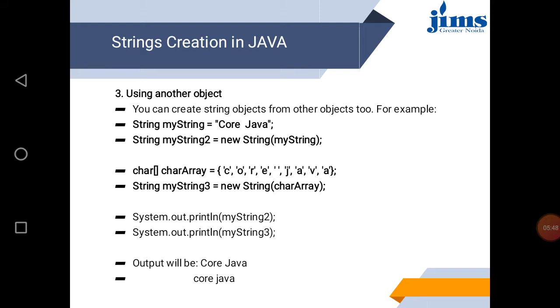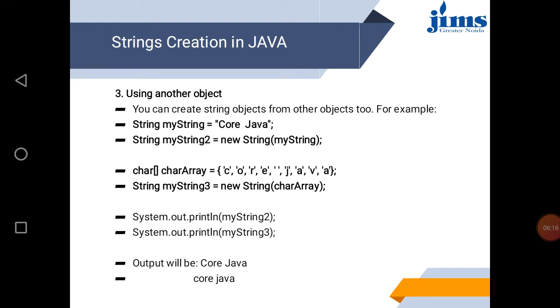Now you are creating another reference variable, say myString2, using the new keyword, and you are passing the reference variable of the previous object. What is myString here? myString is the reference variable of the object Core Java. So this will create your object using an object.